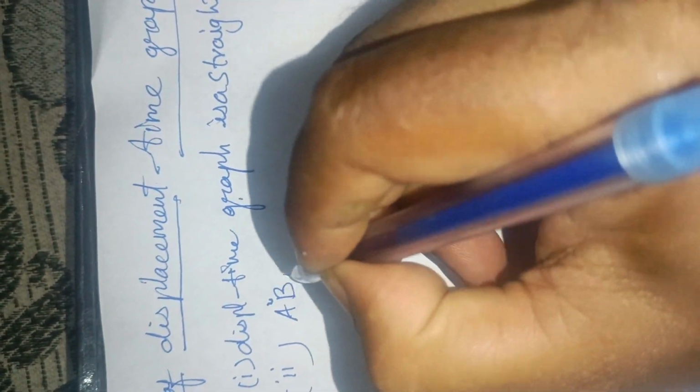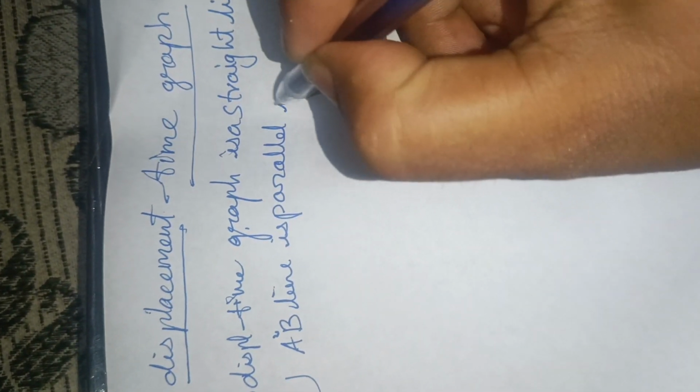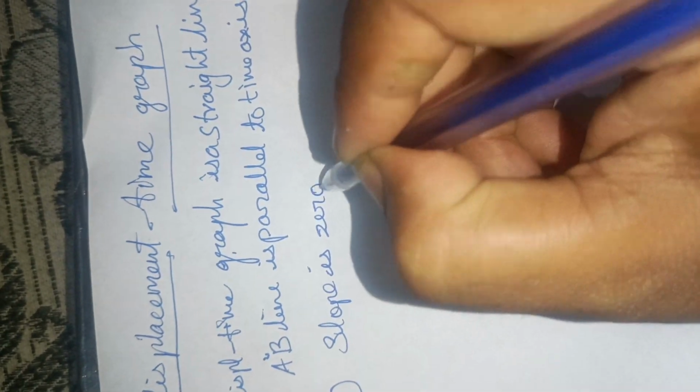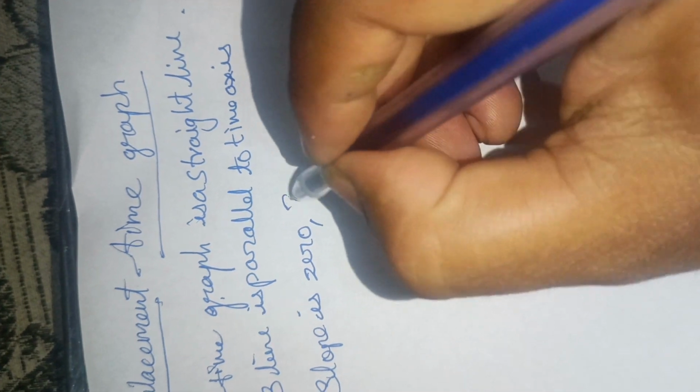And point number 3, the slope is 0. That's why we can say that it has zero velocity.